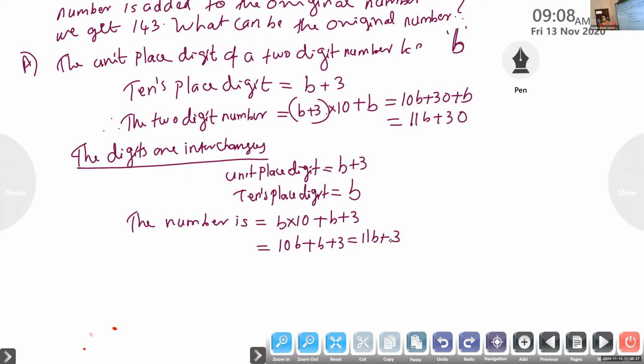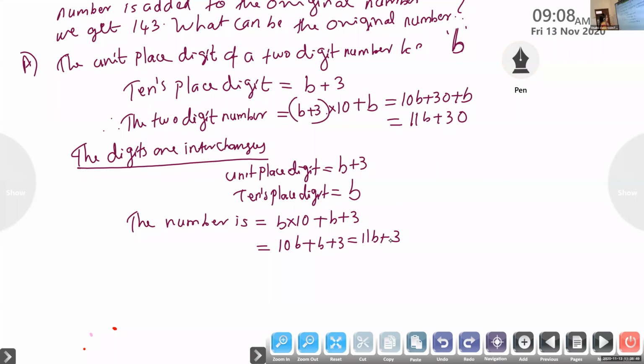Yes, ma'am. Okay. Now what is given? Again, the given condition is that when we add the original number and the interchanged number, we will get 143.